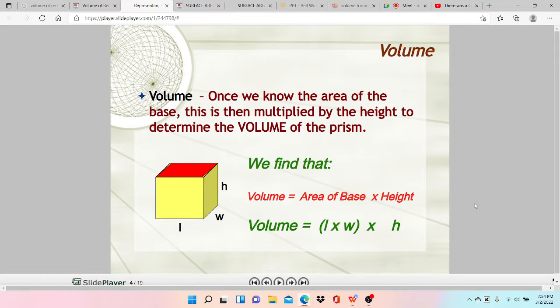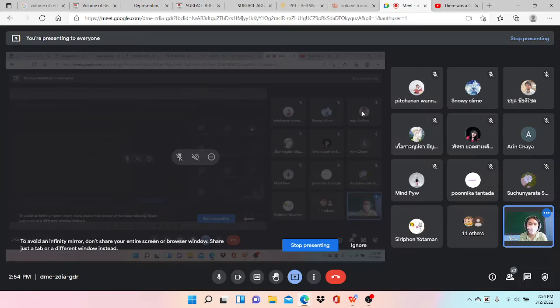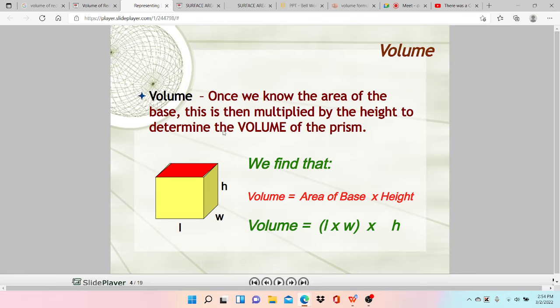Okay, who wants to read this third sentence about volume? Okay, nut boy, can you read?